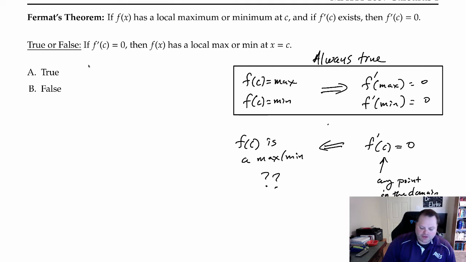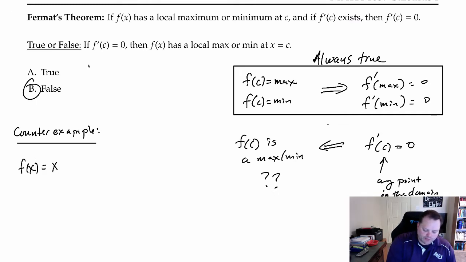The answer here turns out to be false. I'll give you a counterexample, and it's the counterexample that you should always remember for this, the converse of Fermat's theorem. So the counterexample is this. Consider the function x cubed.